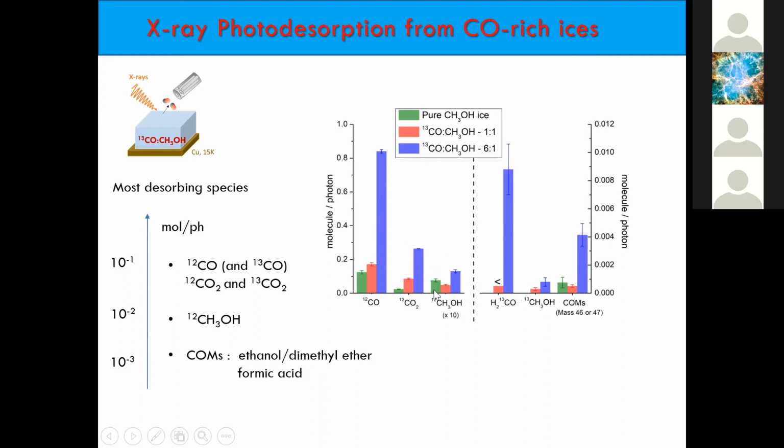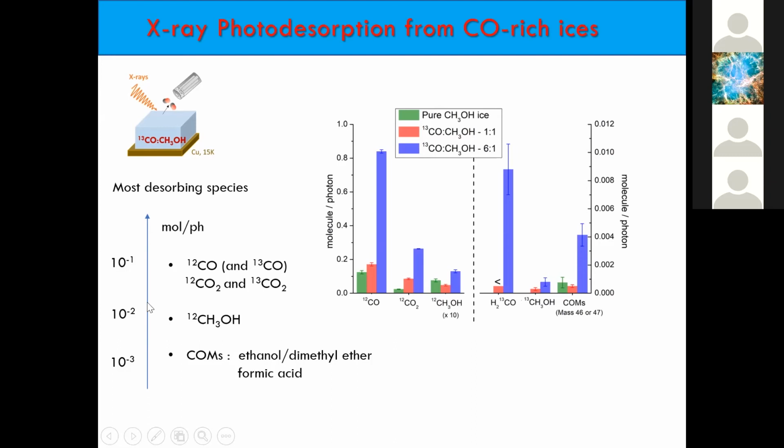And for methanol, it increased, but it is about the same range. And we see also that we are forming other molecules, we are forming from 13CO, we are reforming methanol, and we observe additional molecules that are desorbing, such as small complex organics. Here it's dimethyl ether, ethanol, or formic acid.